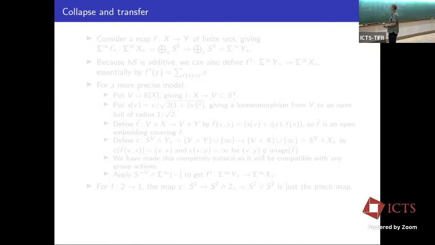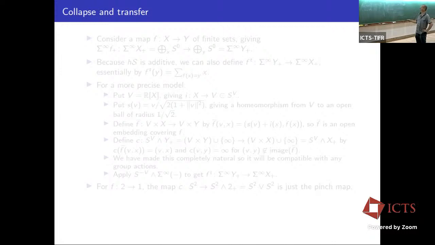And I'm going to want to relate this business about addition of morphisms to this construction that's traditionally called the transfer. So let me explain a little bit about the transfer. Suppose I've got a map f of finite sets. I can add a disjoint base point to get a map from X plus, where X plus means X with a disjoint base point added.